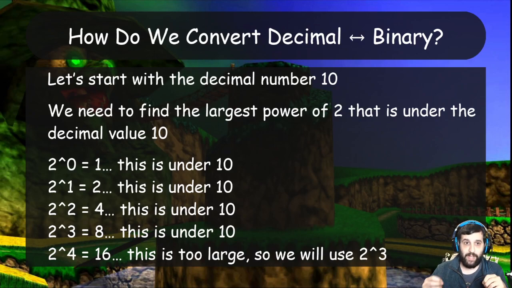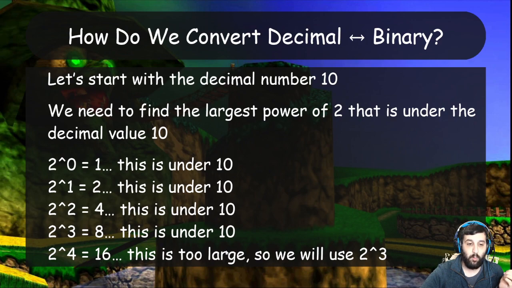We now have to find the largest power of 2 that fits under the decimal 10. So 2 to the power of 0 is equal to 1. That is under 10. 2 to the power of 1 is 2. That is under 10. 2 to the power of 2 is 4. Still under 10. 2 to the power of 3 is 8. Still under 10. 2 to the power of 4 is 16. This number is too large.